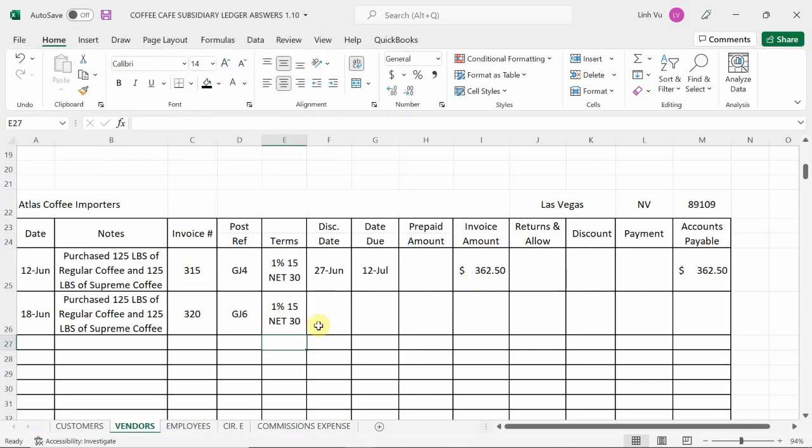So what is my discount due date and what's my actual due date?